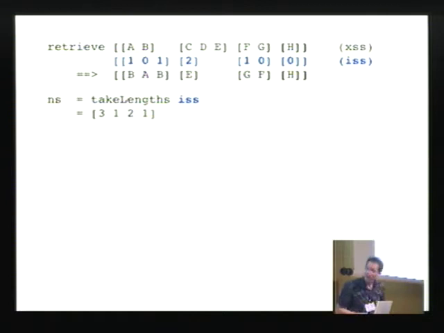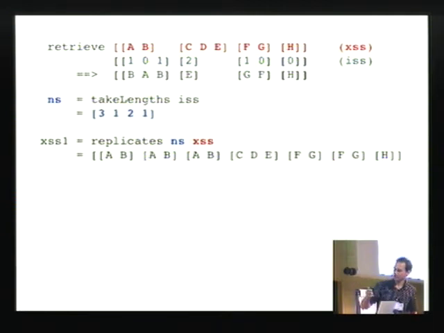Okay. The first step is I take this array of indices, and I just take the lengths. And then I take my array of lengths, and I'm going to apply this replicates operation to each of the elements of XSS. So see what's happening here is I'm replicating AB by 3, and then CDE by 1, and then FG by 2, and so on.